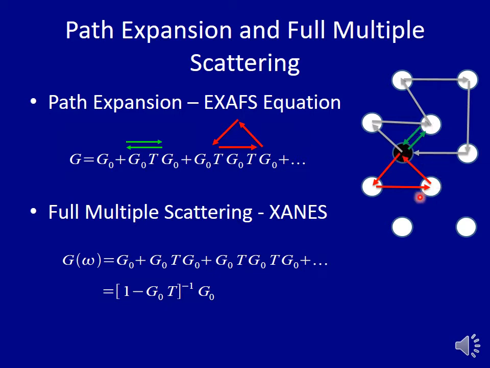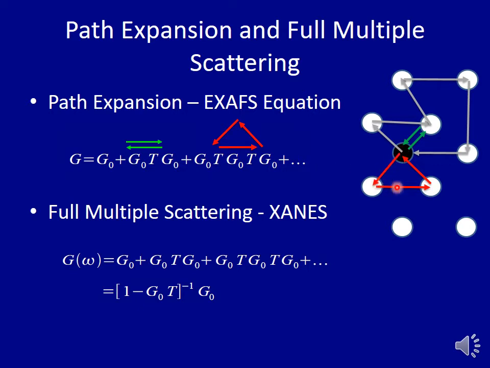In this representation of atoms, you have an absorbing atom in black here, and then there could be a single scattering path to the neighboring atom, and that goes to the neighboring atom, scatters, and comes back. Similarly, the term with two scattering T matrices takes into account all double scatterings.